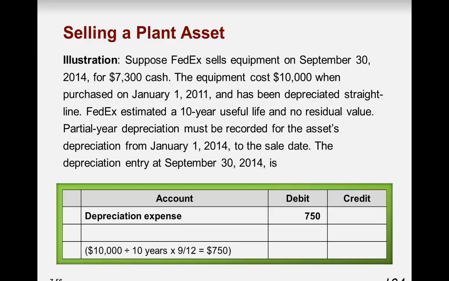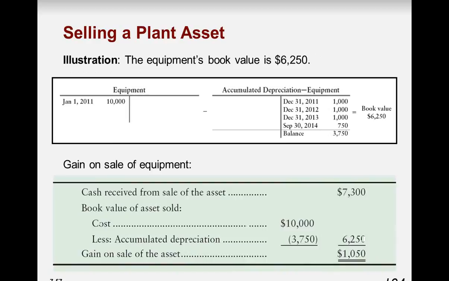What's 9/12, or 3/4, times 1,000? $750. So to update my depreciation for September 30th, it's $750.